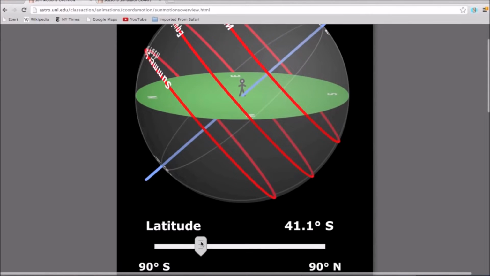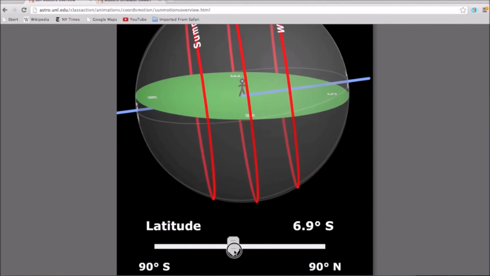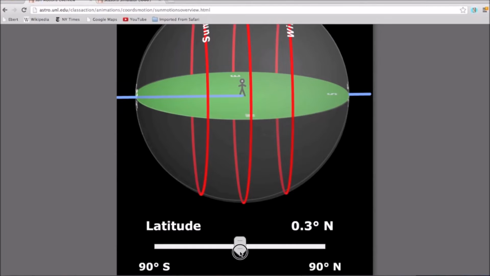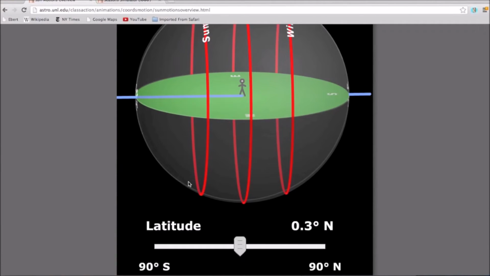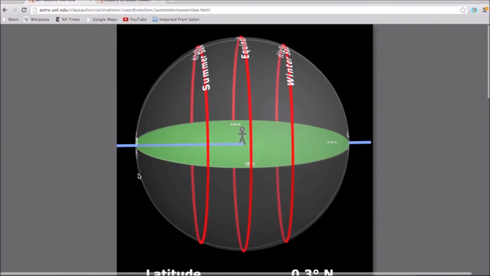What about for somebody who lives at the equator? Well, in this case, if you live at the equator, and I'll try to get as close to zero as possible, it is possible for the sun to get directly overhead, and that occurs on either of the equinoxes.